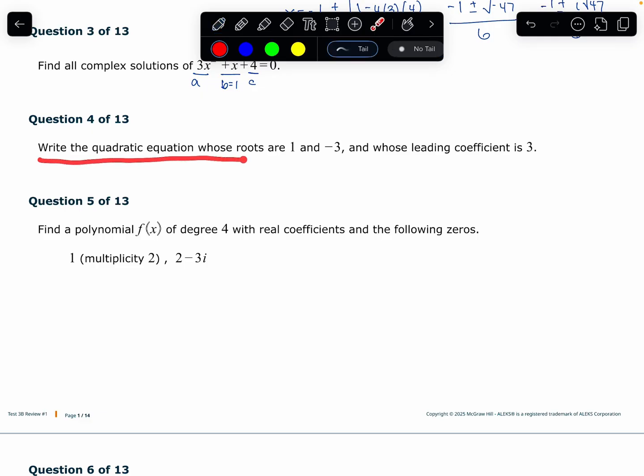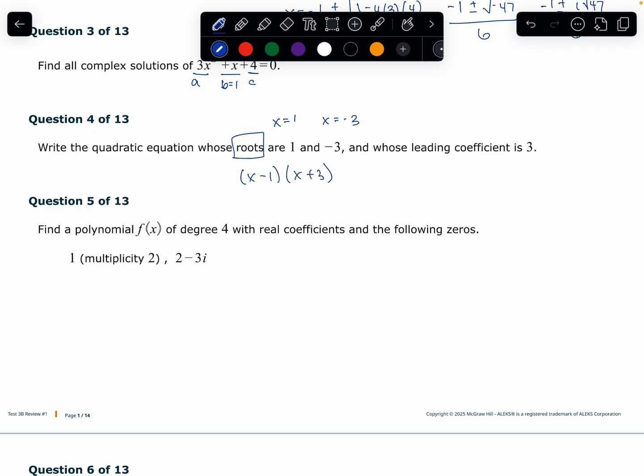If I have a quadratic equation and its roots or solutions or zeros or x-intercepts, they're all synonymous, are 1 and negative 3, so x equals 1 and x equals negative 3, then my factors are x minus 1 and x plus 3, just like that right there.